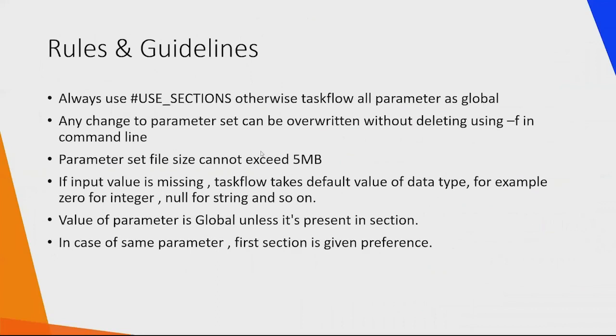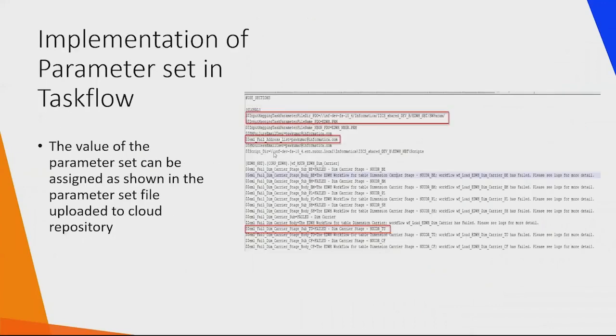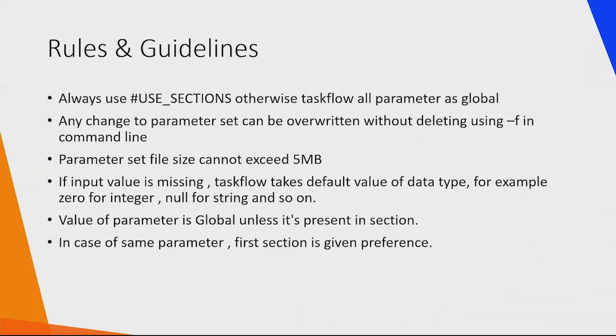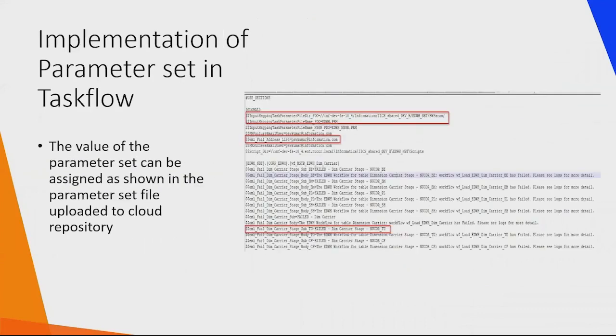So there are some rules and guidelines which we should follow with respect to this parameter set. First thing is, you always use the use section in the parameter file which gets uploaded as a parameter set. Otherwise, if you don't use that, when the task flow runs, it will consider everything as global.